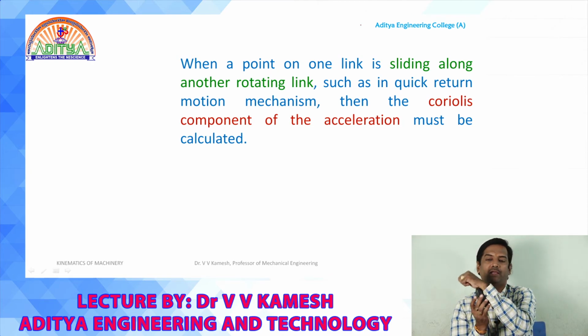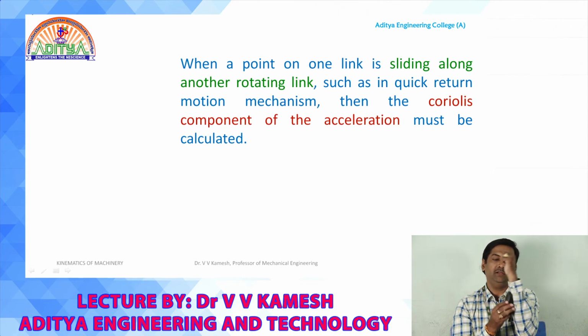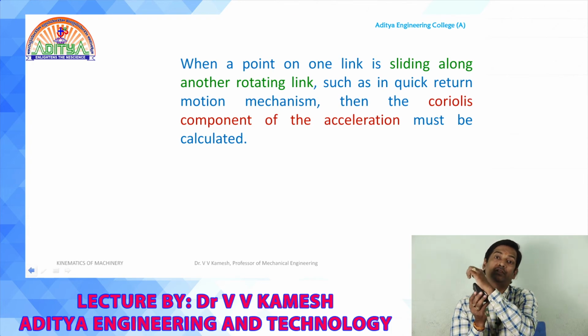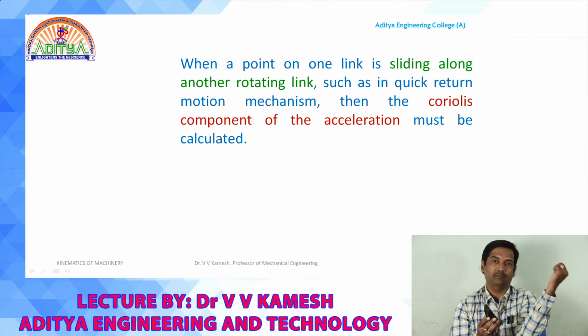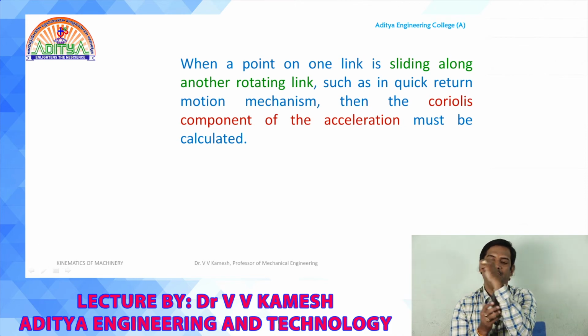When I move my hand like this, look, this slider is moving upward. So, what is this sliding motion? It is not with a fixed frame, the slider is with a moving frame. This frame is moving, so this slider is moving up and down like this.